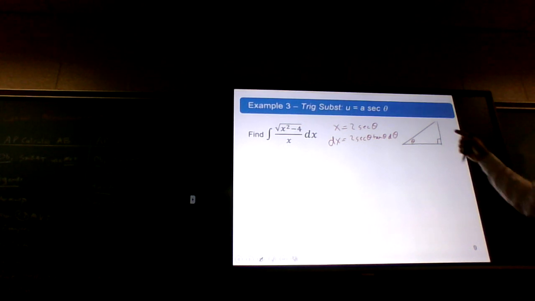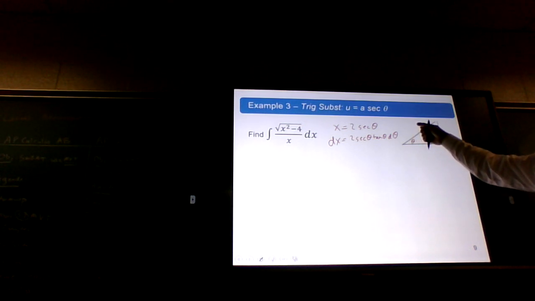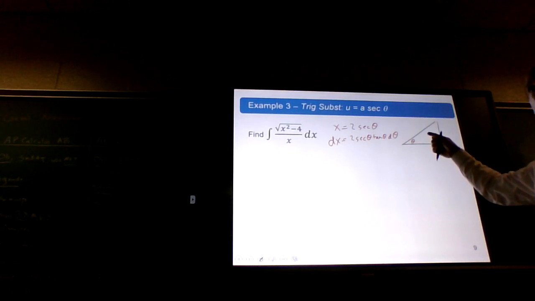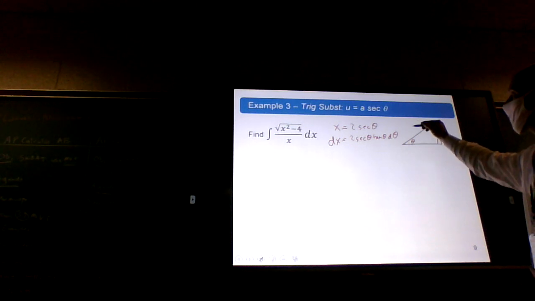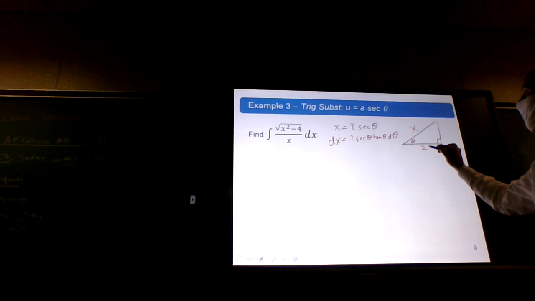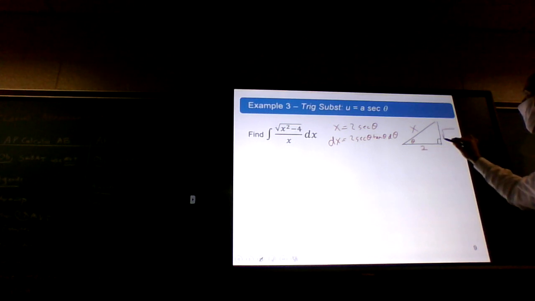So cosine is adjacent over hypotenuse, so this one's going to be hypotenuse over adjacent. So the hypotenuse should be x, and the adjacent should be 2, and then this side over here is going to be the square root of x squared minus 4. Does that make sense so far?